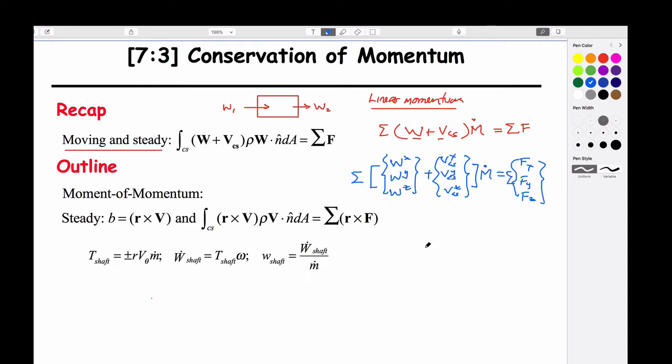The reason for writing it longhand is that typically we will resolve in one direction. So for instance, in the x direction, it would be the normal to the boundary velocity in the x direction plus the velocity of the control surface, also in the x direction, multiplied by the mass flow rate across all boundaries that make sense. You're going to pre-multiply by this, so that cancels out some of the mass flow rates.